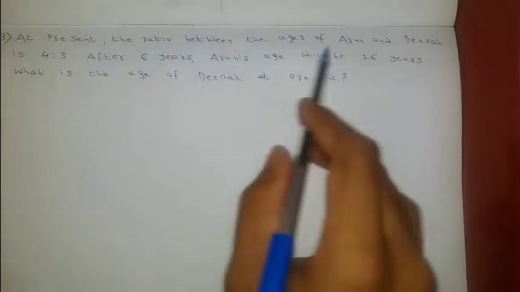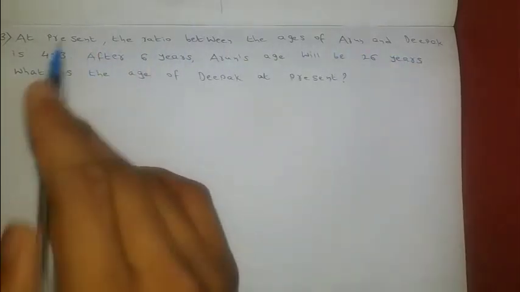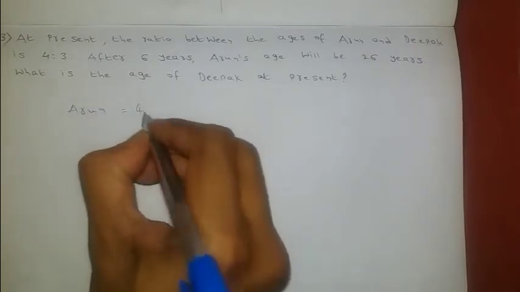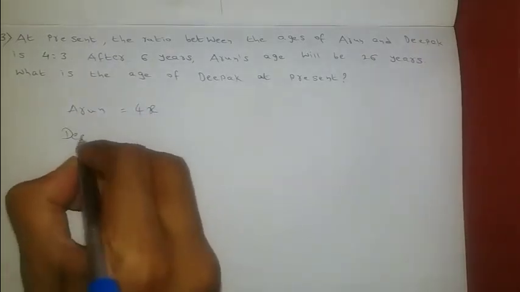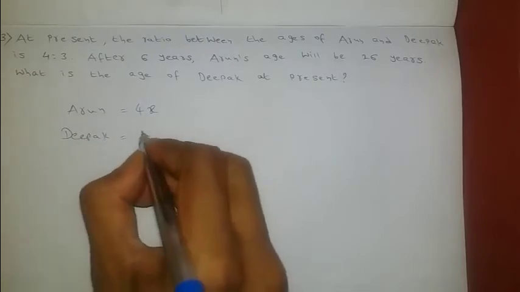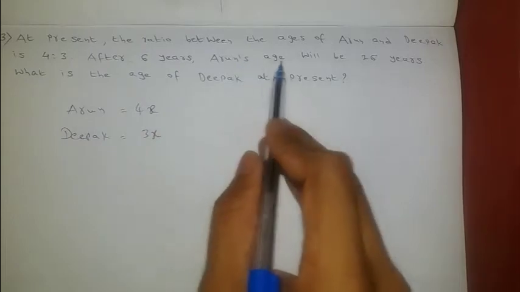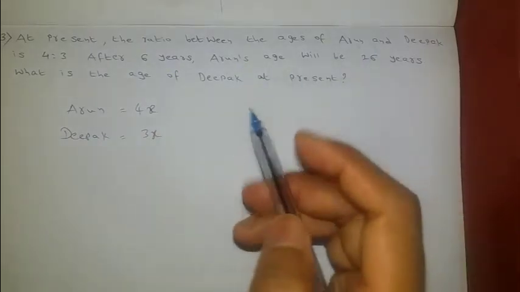At present, the ratio of ages of Arun and Deepak is 4:3. So Arun's age will become 4x and Deepak's age will become 3x. After 6 years, Arun's age will be 26.